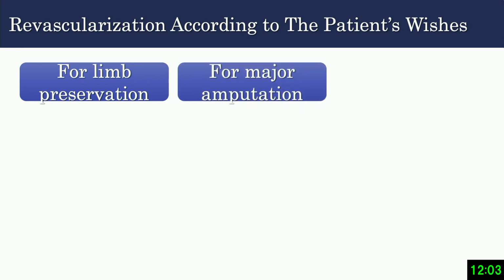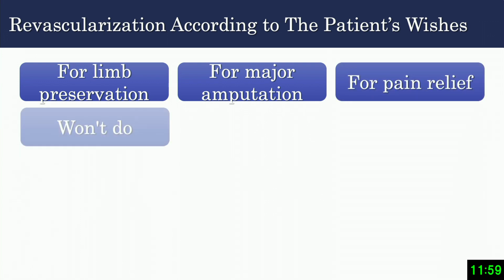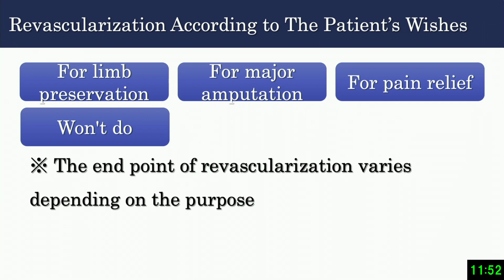So the patient may hope for limb preservation, or for major amputation for pain relief. What to do is one option. The endpoint of revascularization varies depending on their purpose.